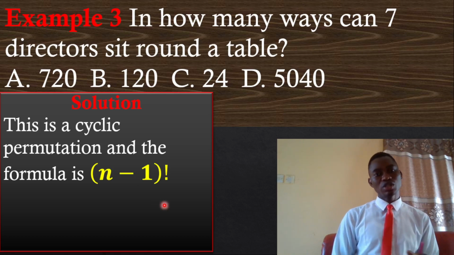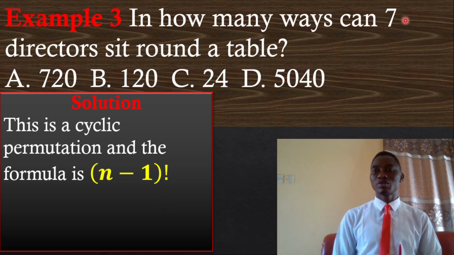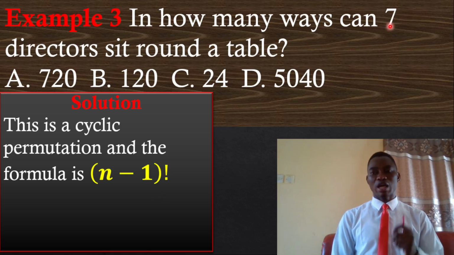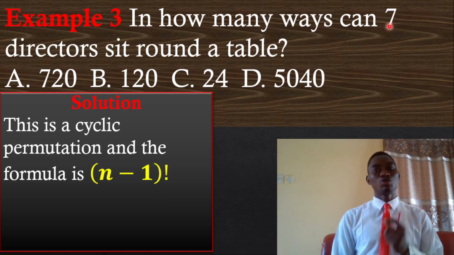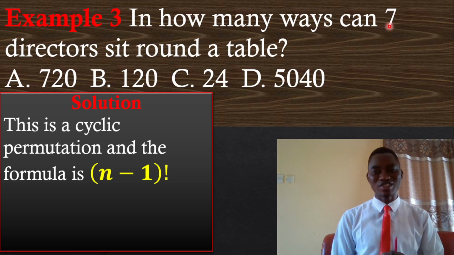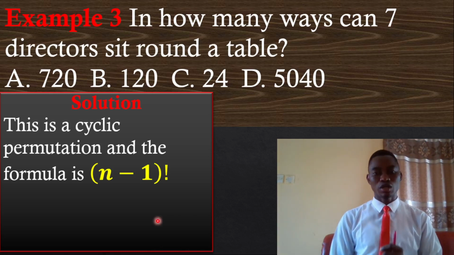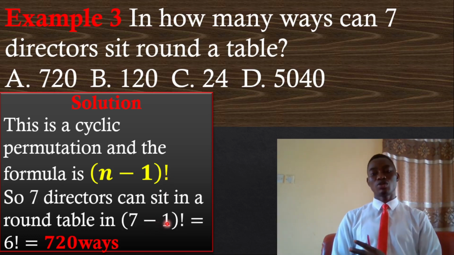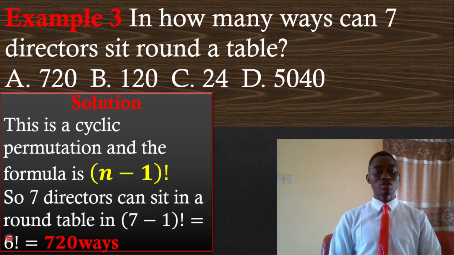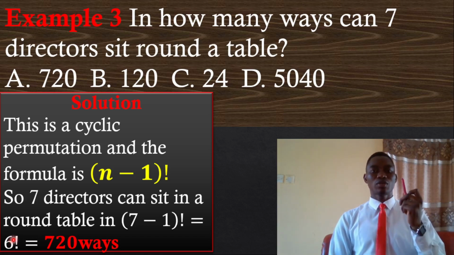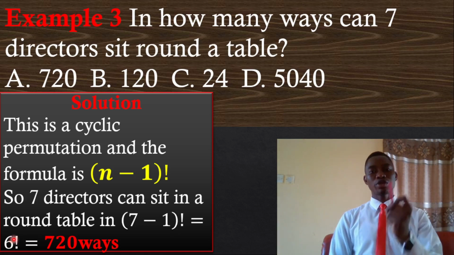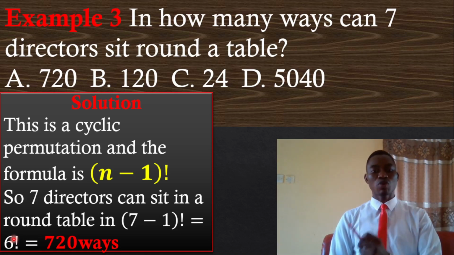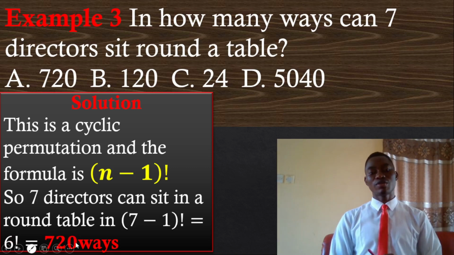Since we have seven directors, I believe at this point you already know the number of ways they can sit around a table. The number of ways is 7 minus 1 factorial, and that gives us 6 factorial. 6 factorial is 6 times 5 times 4 times 3 times 2 times 1, and that returns 720.